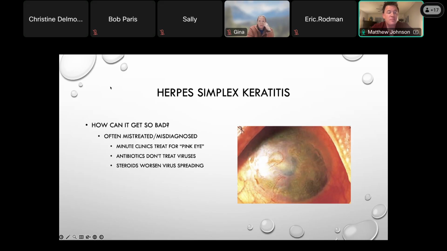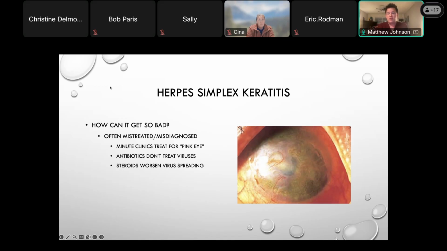So how is it treated compared to pink eye? Well, the hard thing is, when a herpes virus affects the eye, like herpes simplex keratitis, it looks like other things. So that's the big problem. But it's a virus. So pink eye is generally caused from a bacteria.